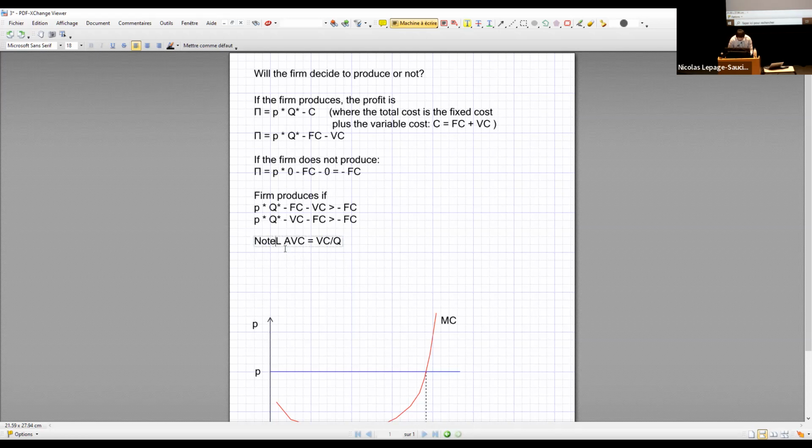Then I can say that variable cost is the average variable cost multiplied by Q star. And I can put the Q star in front. So I have that the price minus the average variable cost times Q star.